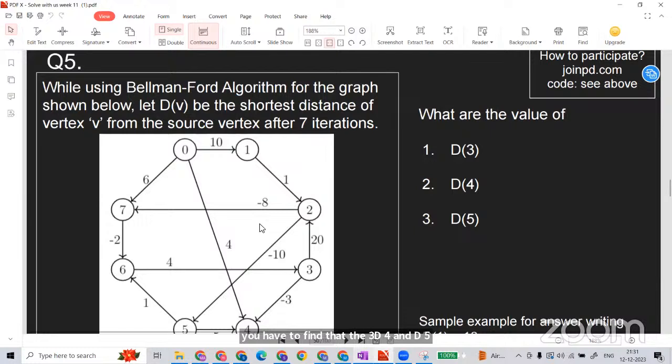It is asking the distance of 3 from 0, the distance of the vertex 4 from 0, and the distance of 5 from 0, from the source vertex after 7 iterations.